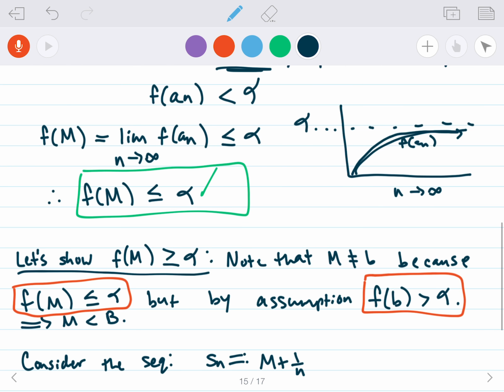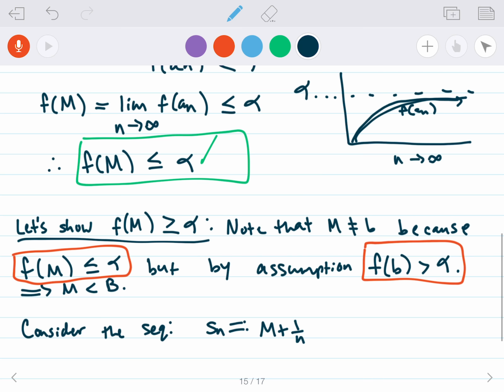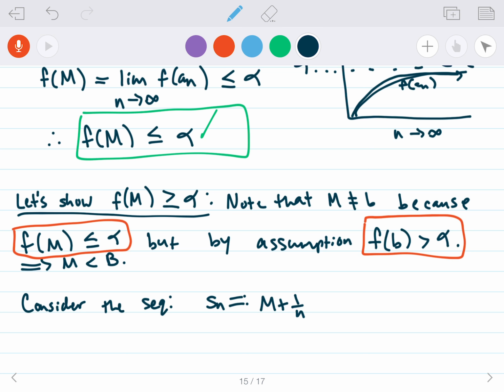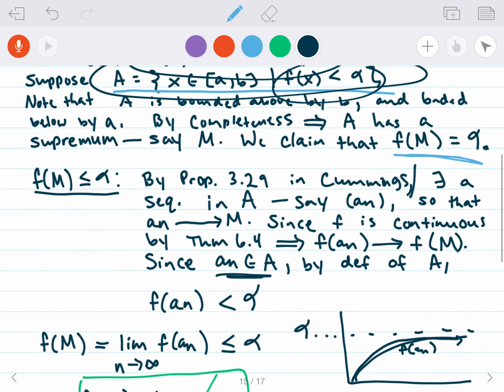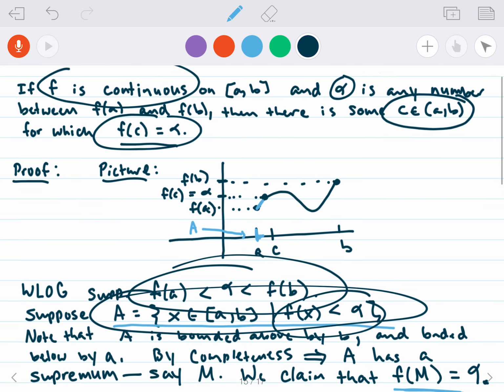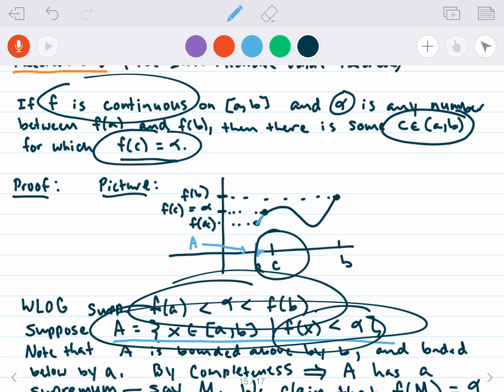And let's think about where this sequence lives for large n. For large n, this sequence is going to be in our set from A to B, right? Because remember that m is the supremum of this set, and if I'm adding smaller and smaller things when n gets really large, that's going to be contained in the set.